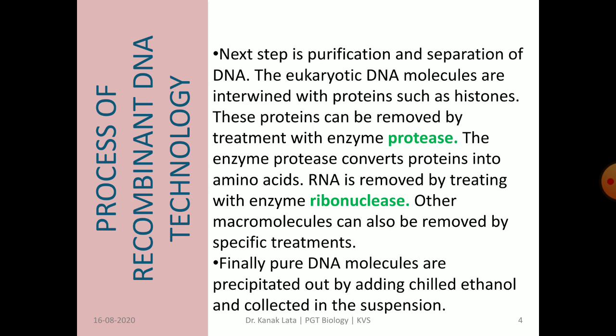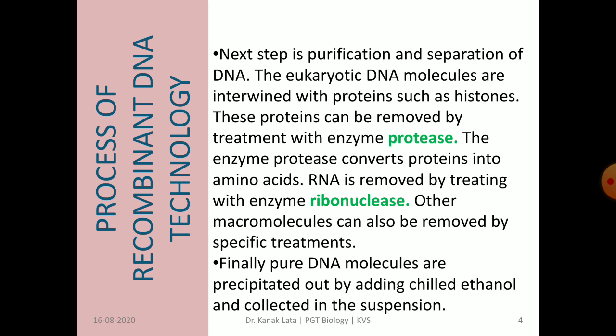As you know, eukaryotic DNA molecules are intertwined with proteins such as histones, and these proteins can be removed by treatment with the enzyme protease. Protease is the enzyme that digests protein.